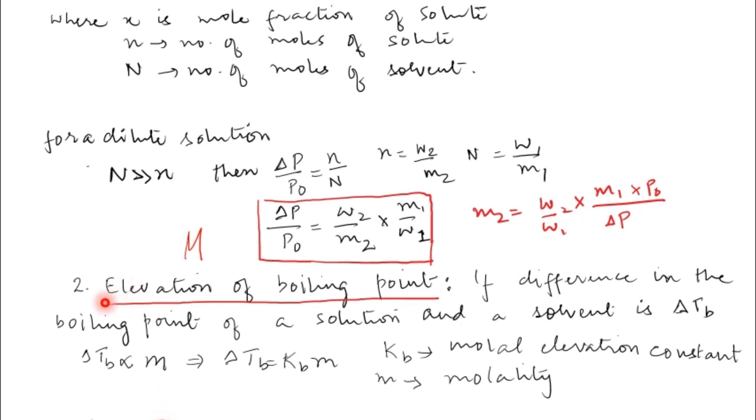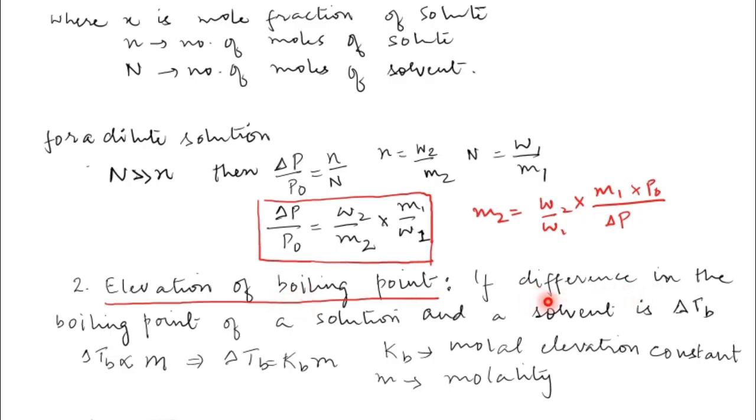Now the next property is elevation of boiling point. We just saw that vapor pressure lowers as we add solute to solvent particles. This lowering of vapor pressure, what will it cause? It will cause elevation of boiling point. So the second colligative property is actually related to the first colligative property.